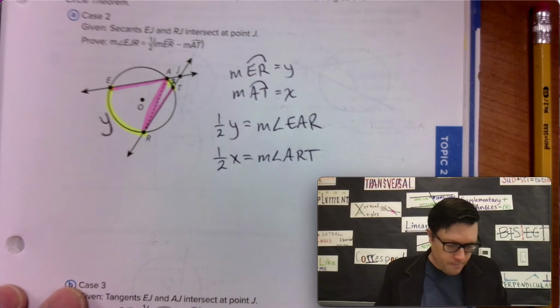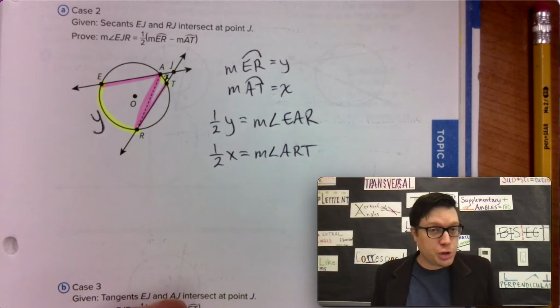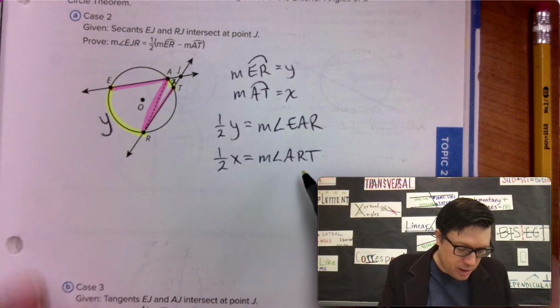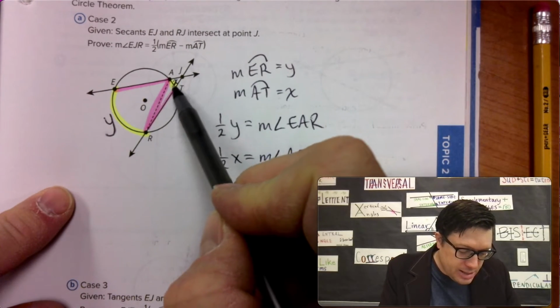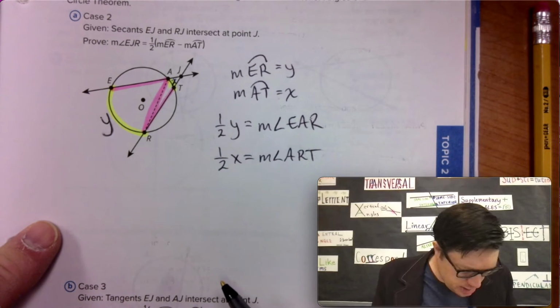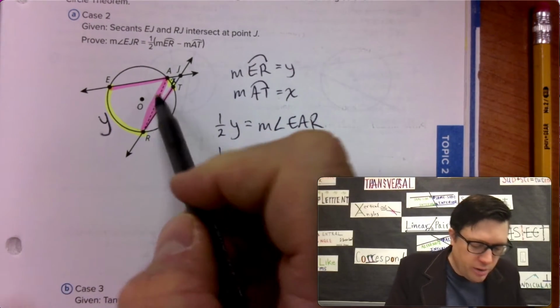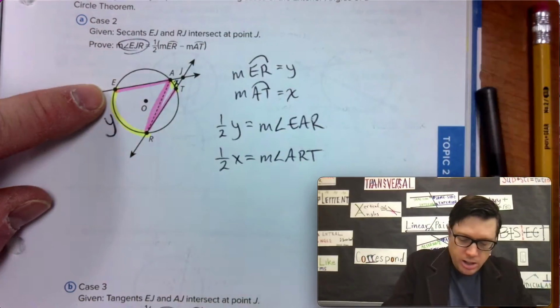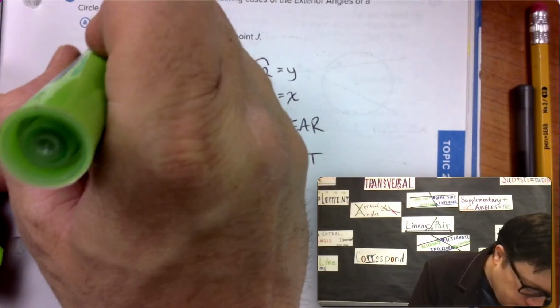Now I can do a little bit of substitution. Let's acknowledge that this angle, EJR, is the focus. They've extended it from just these 2 points all the way out to here, so EJR needs some green highlight.